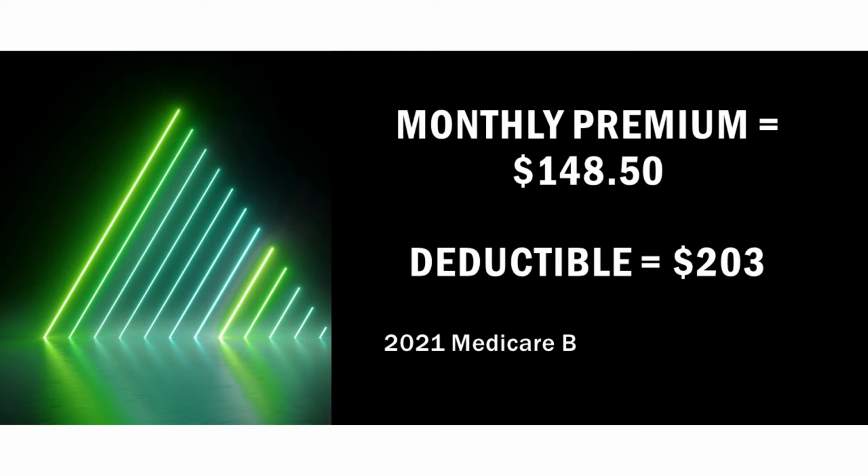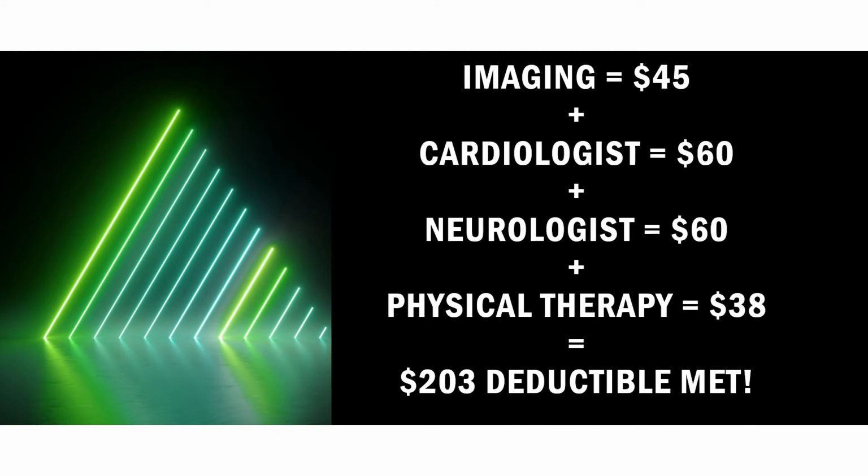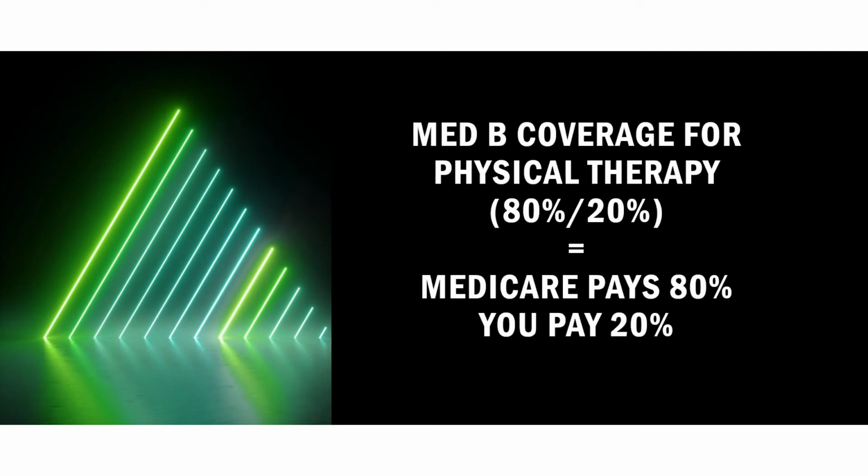Now, this can be going to one healthcare provider, or it can be split among many. But the bottom line is that the total accumulation of $203 will come out of their pocket to any number of providers. Once that deductible has been met, that policy then becomes active and will pay out its percentage.